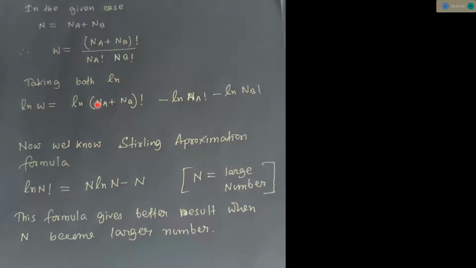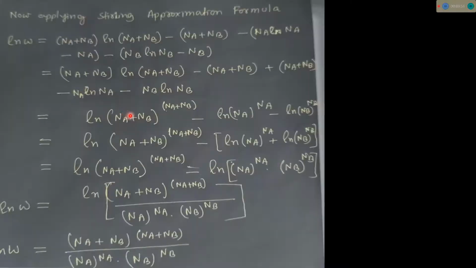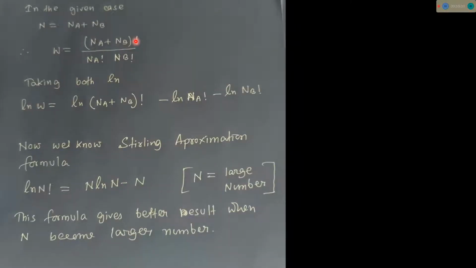Then what can we write? Na plus Nb ln Na plus Nb minus Na plus Nb. Similarly, this term should be there, minus ln Na factorial.